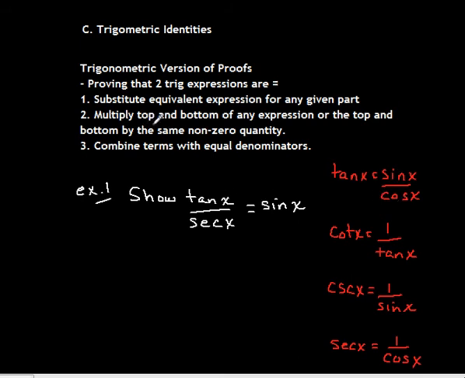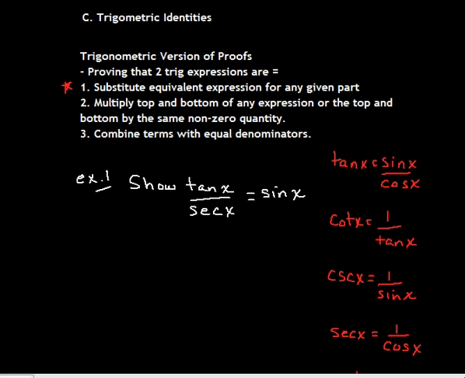We can multiply the top and bottom by any non-zero quantity, and we can combine terms with equal denominators. The only one we're going to do today is this one right here. We're going to substitute. As we get more and more into the year, we're going to start using these other two rules. So let's try our first problem, first proof.